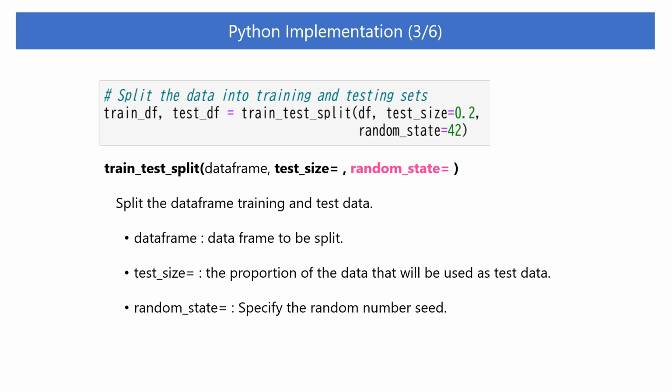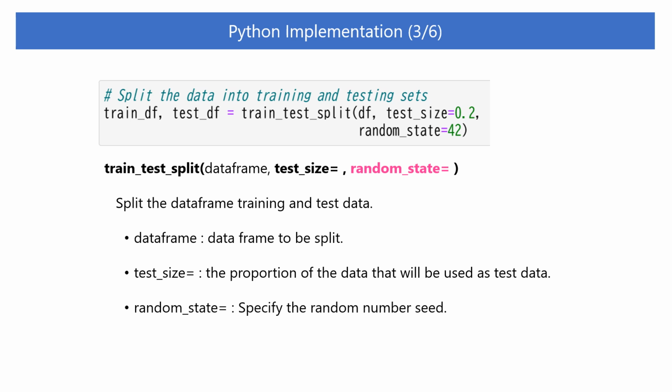Another argument, random_state, is used to specify the random number seed. Train_test_split randomly splits the data, and the random state is used to determine the starting point for the random number sequence of the pseudo-random number generator used at that time. By setting the value of random_state, we can fix which data points are selected for the training data and test data, respectively.